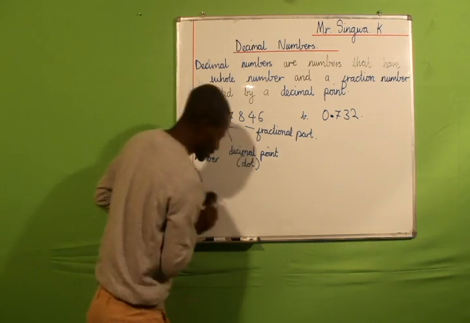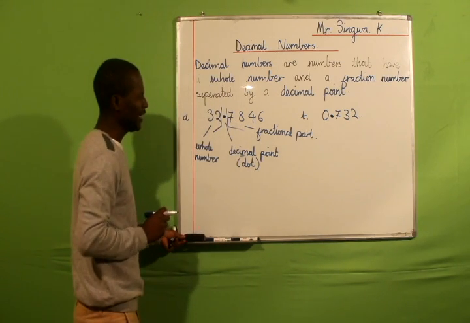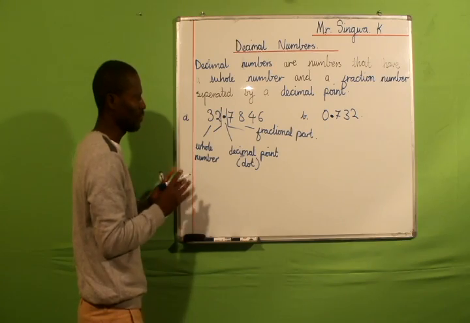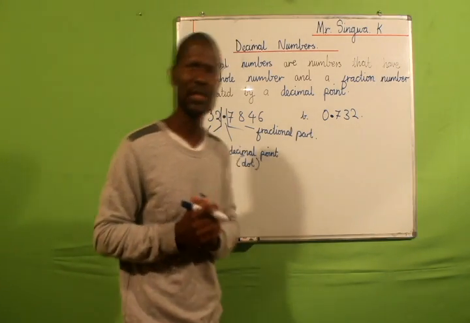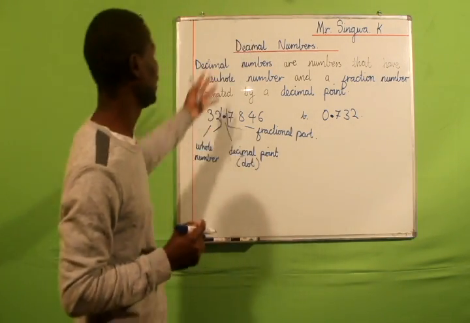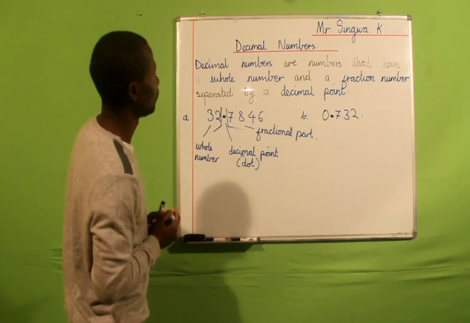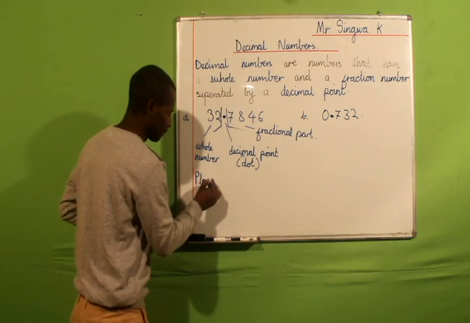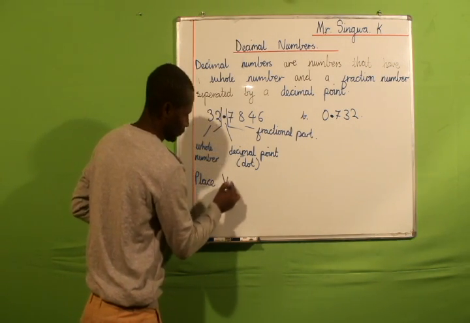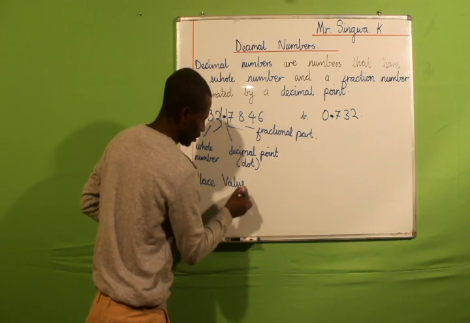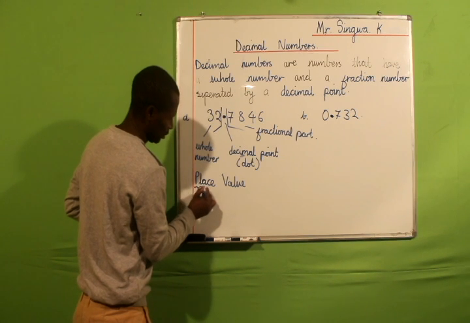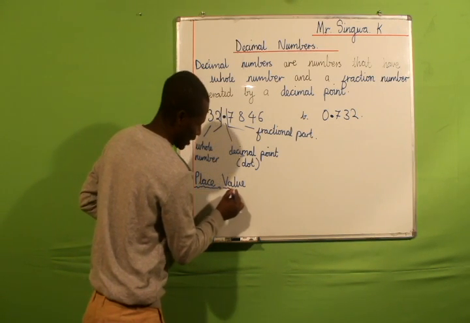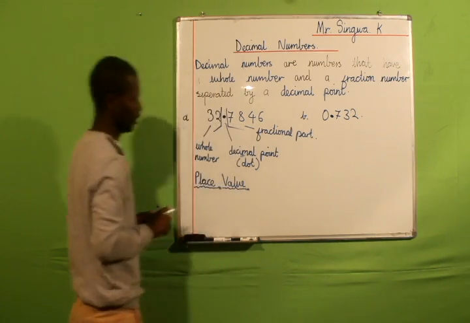Now, apart from this, quickly let's look at place values, because place values are very, very important in the aspect of learning about the decimal numbers. Place value. Please follow me nicely so that you do not make mistakes as you come to the calculations.